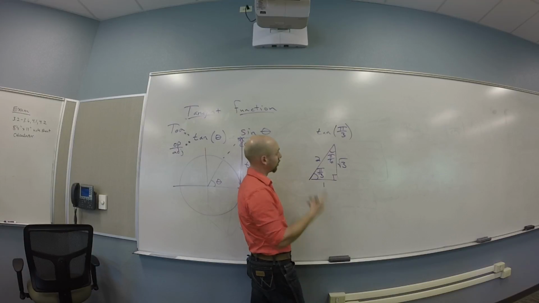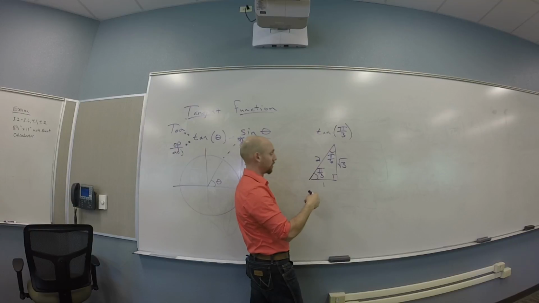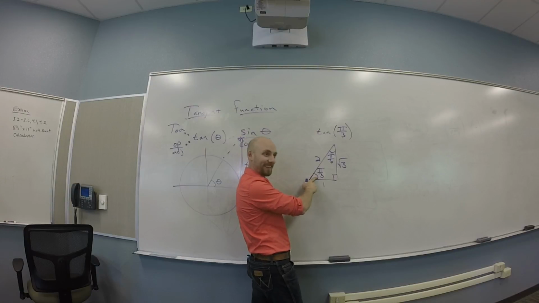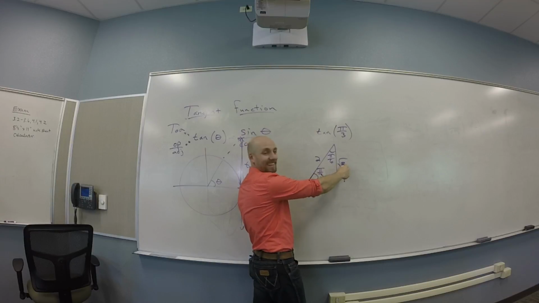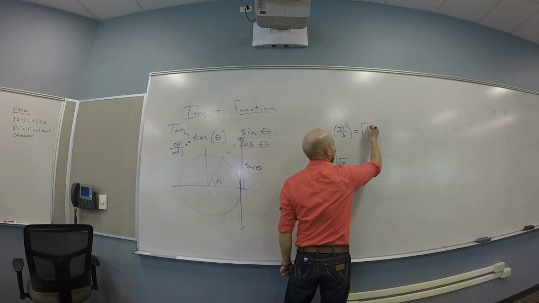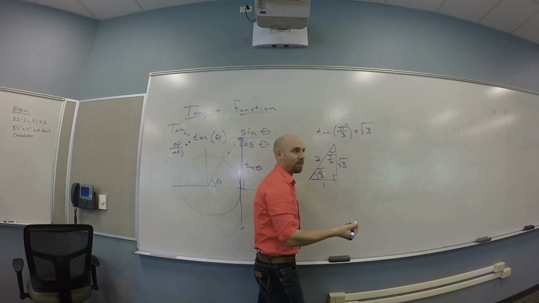And so tangent of pi over 3 then is, make sure you're standing at the correct angle, and then get your opposite over your adjacent. So this will be square root of 3 over 1.